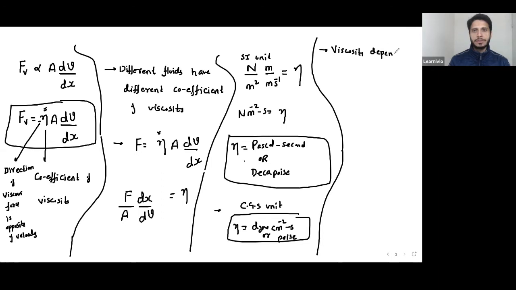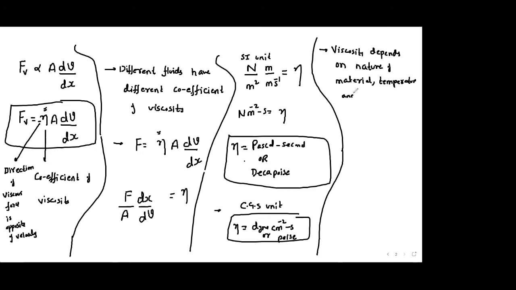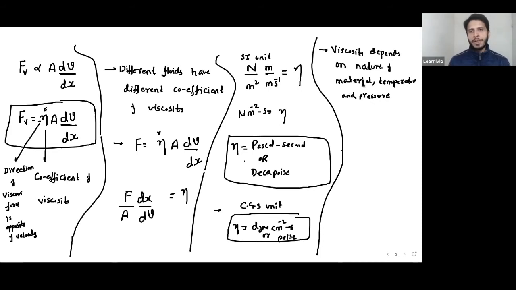Viscosity depends on nature of material, temperature and pressure. The nature of material you understand. For different materials, the coefficient of viscosity is different. Now you have to see how it depends on temperature and pressure.